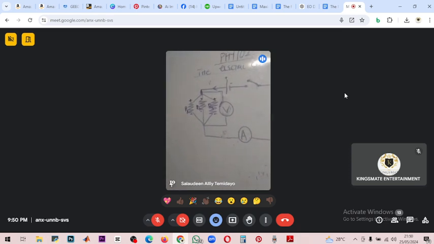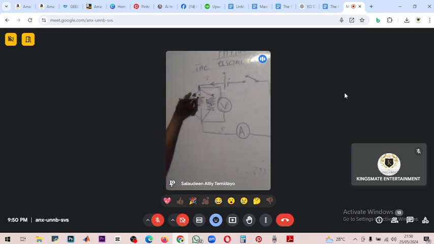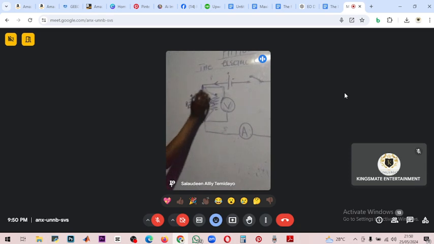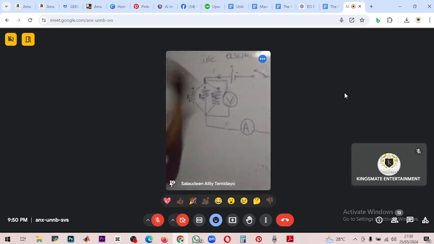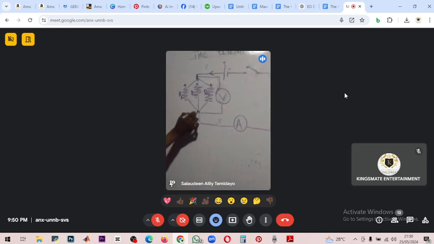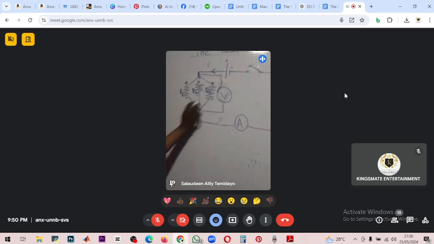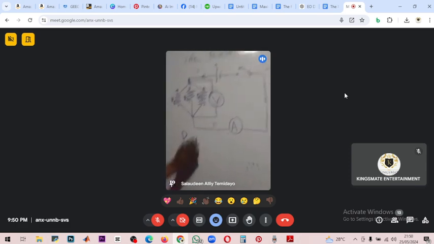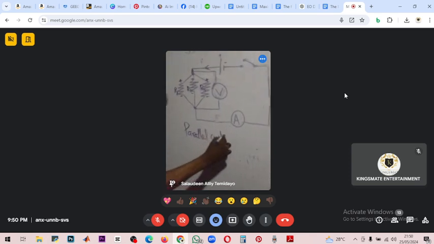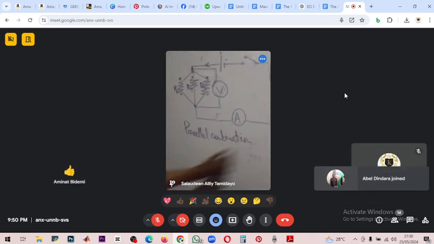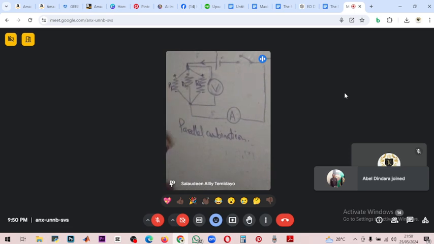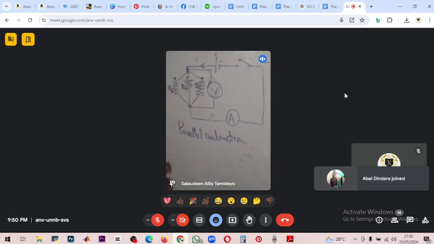Now look at something very well. The terminals of these resistors meet at where? One point. That means all the positive terminals meet at a point. All the negative terminals meet at a point. We call this connection of resistors parallel combination. Why? Positive terminals meet at a point. Negative terminals meet at a point.